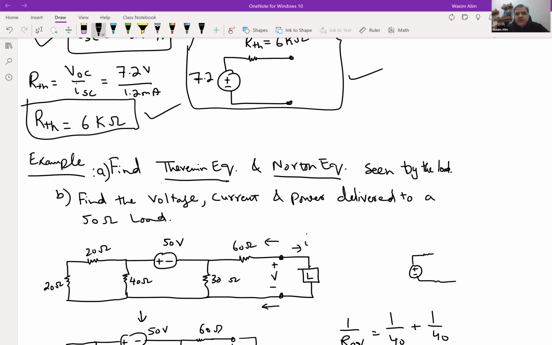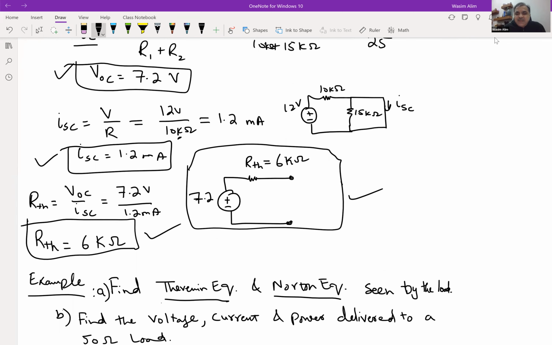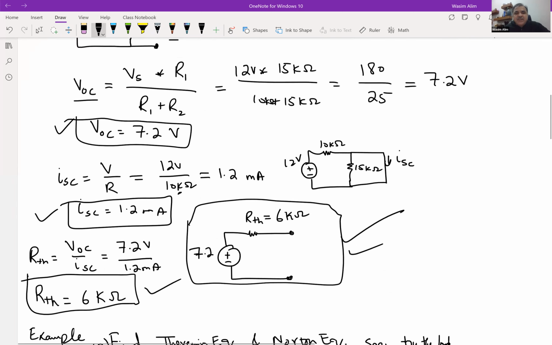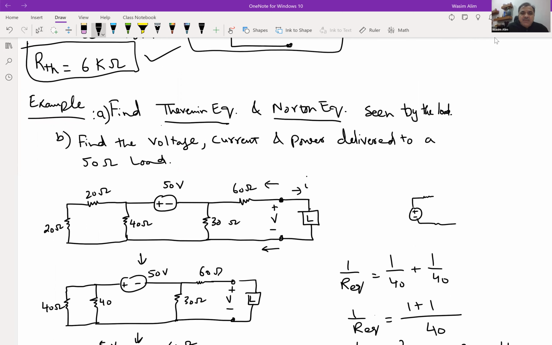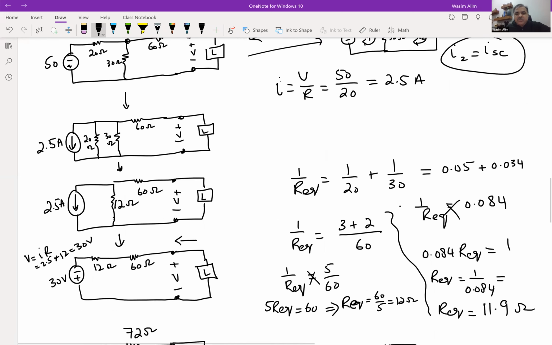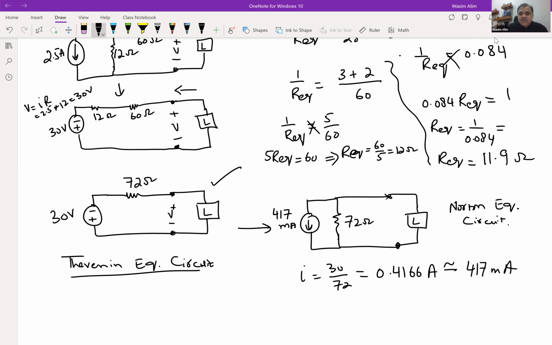In the first problem, I only determined this circuit and left it at that, because the question was asking me to simply find the Thevenin equivalent model, which is the voltage source in series with the resistor. But in this case, I'm being asked to find not only the Thevenin equivalent, but also the Norton equivalent, right? So this is the Thevenin equivalent circuit, and the circuit to the right is the Norton equivalent circuit, just based on the question that was asked.